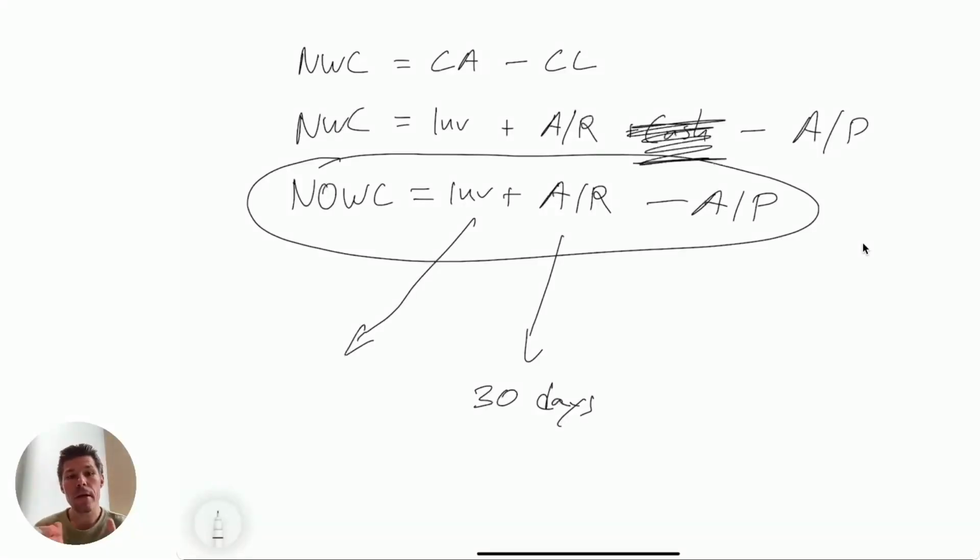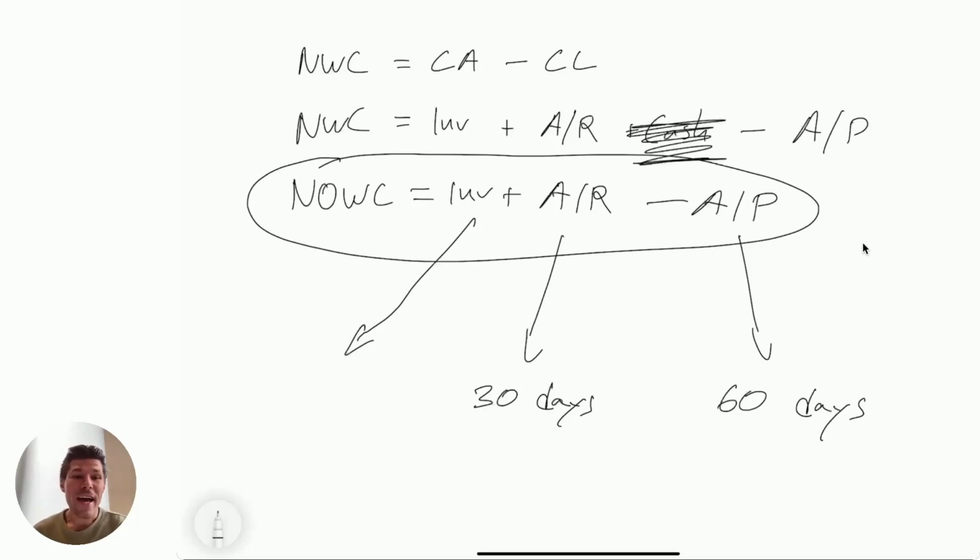More money is tied up either in your inventory or in the pockets of your customers, which you will receive at a later stage. And then accounts payables works in the opposite direction. When you buy raw material from your supplier on credit, meaning you don't pay your supplier in cash but you pay the supplier later because you have an agreement with them, because you buy bulk raw material, big volumes, and you have an agreement where you may pay for your raw material in 60 days, in 30 days.